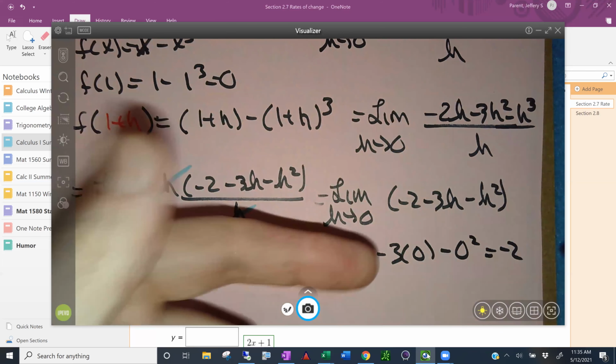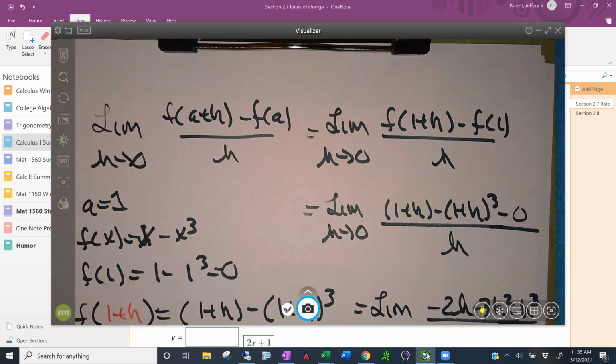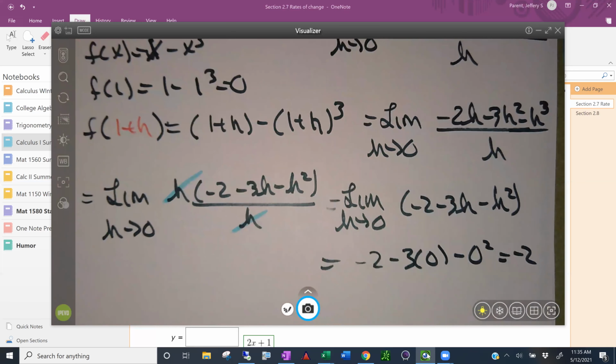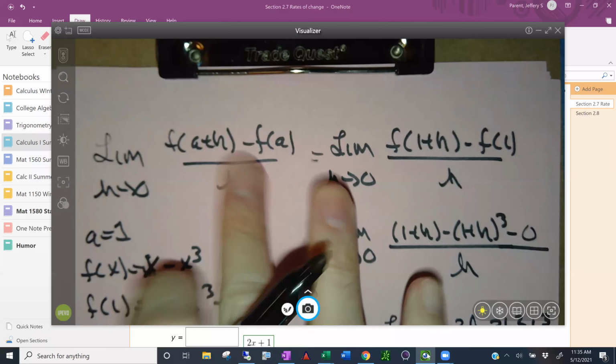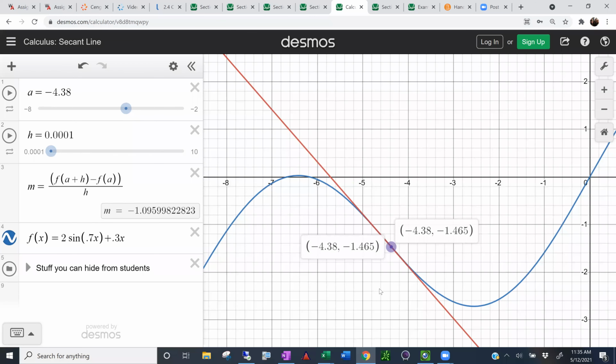So you get the same thing either way. I like this version better, but you're free to use either version. It's just that this one seems to lend itself a little bit easier to a visual than the other one does. Will there ever be a case where you have to use one versus the other, or do you have the option all the time to use the first?